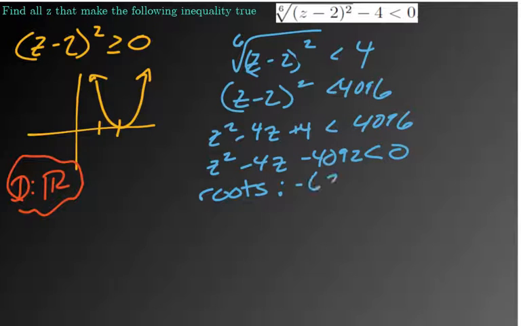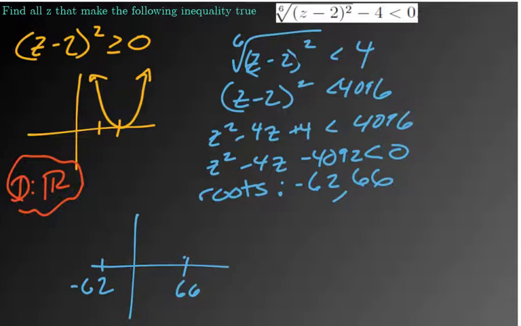If you do the quadratic formula, you get negative 62 and 66 as the roots. So if you think about what it looks like, we've got negative 62 and 66, and an open up quadratic like that. We want to know when it is less than 0, which is the part down here. Specifically, we want strictly less than 0, so we don't want to include the roots.